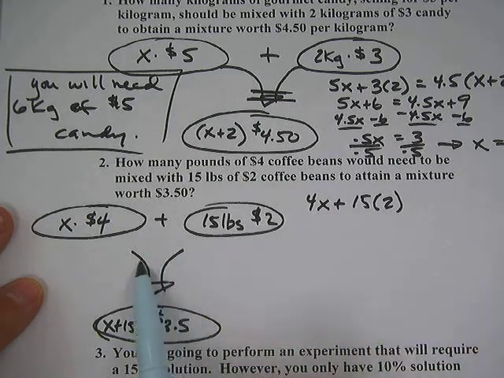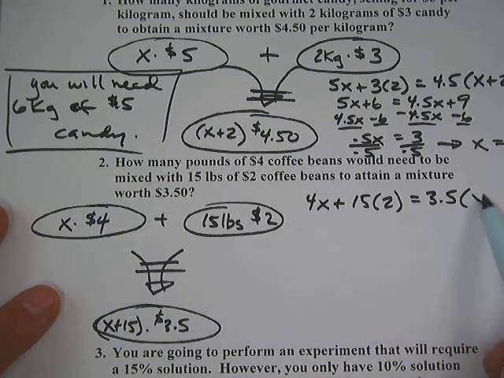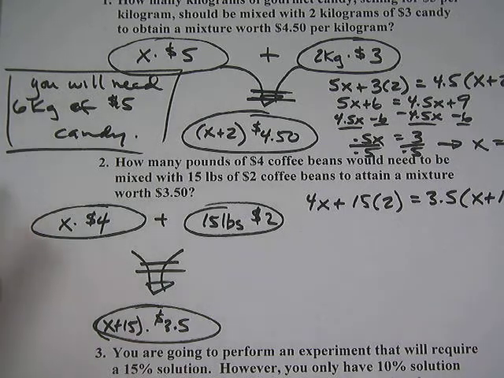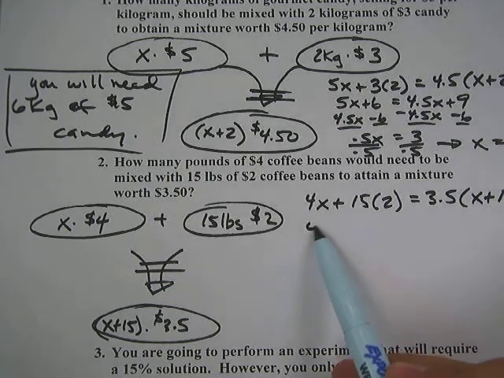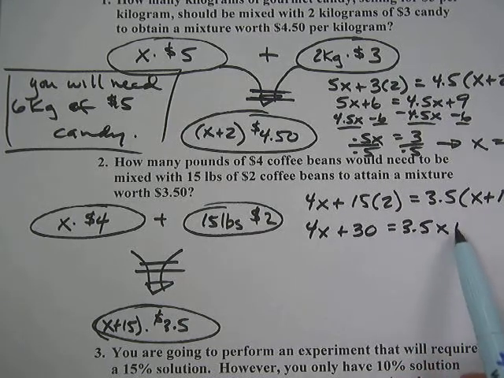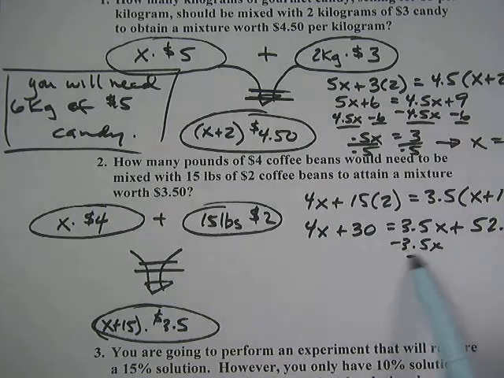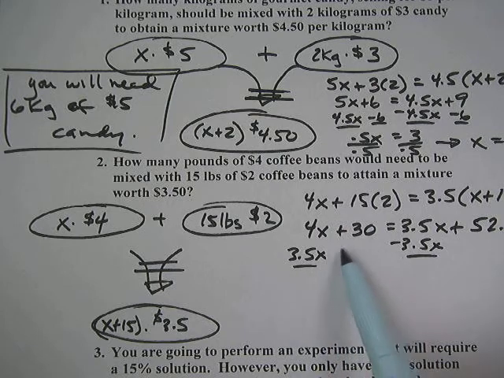So my equation: 4x plus 15 times 2, you're adding these, and it'll equal 3.5 times x plus 15. Then your next job is to simplify that. So I would rewrite 4x plus 30 equals 3.5x plus 3.5 times 15, which is 52.5.